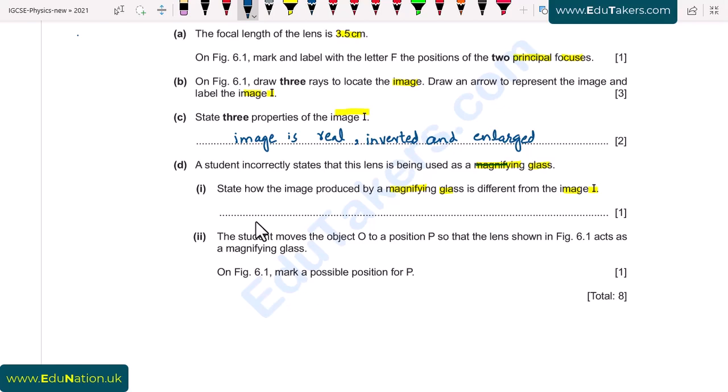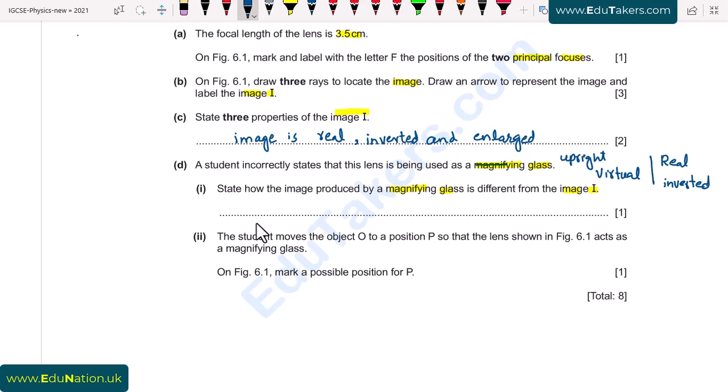A magnifying glass makes an upright and virtual image. But by this lens, the image is real and inverted. So the magnifying glass and this lens differ by the image formation.